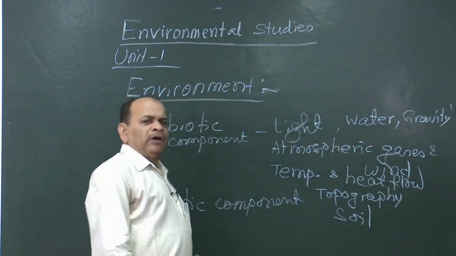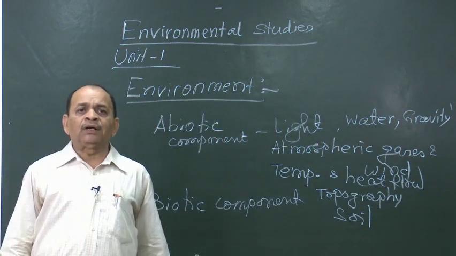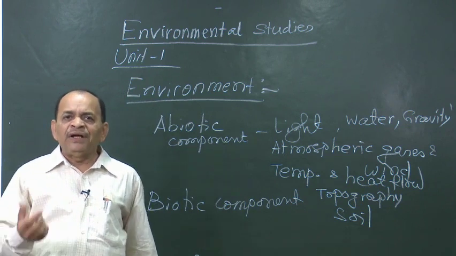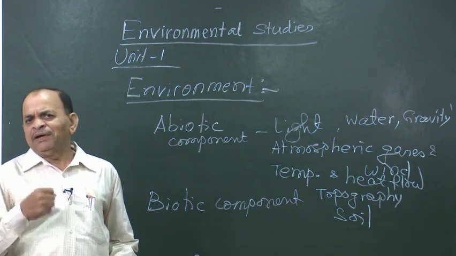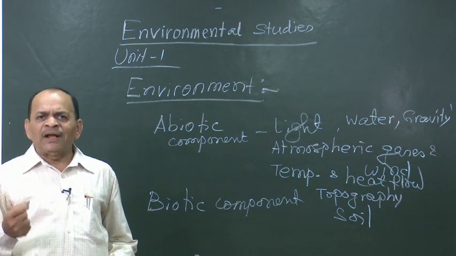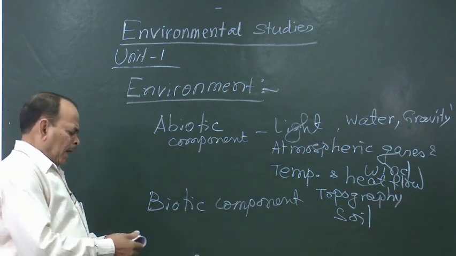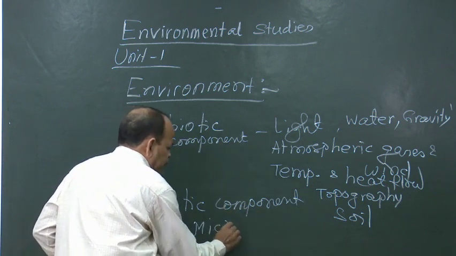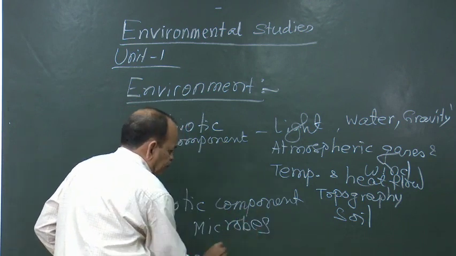So these come under abiotic components, and biotic components mean the living components. Who are the living? The plants, animals, and microbes.